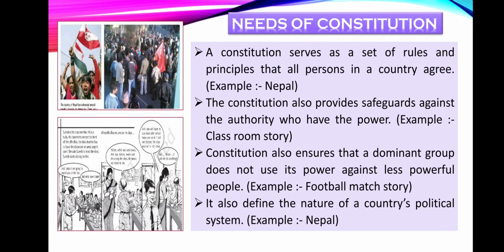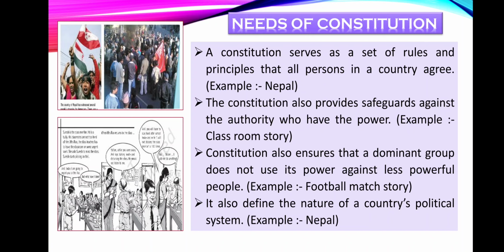The constitution also provides safeguards against the authorities who have the power. In your book there is a story in which a child who has been given power as a monitor misuses that power by making false allegations against a child in the class. That is the misuse of power.